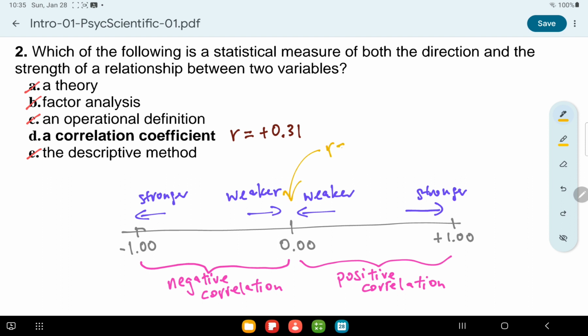When R is denoted by the number 0.00, there is essentially no relationship that we observe between the two variables. There is no relationship. There is no correlation. The correlation is so weak that we deem the situation as having no relationship. The two are not connected at all.